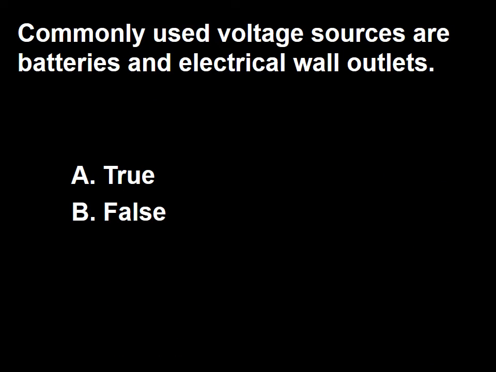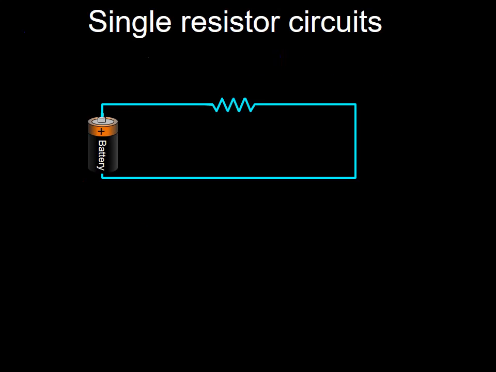Next question. Commonly used voltage sources are batteries and electrical wall outlets. A true, B false. The purpose of this question is to introduce one of the elements that is constantly present in all resistor circuits, that is voltage source.